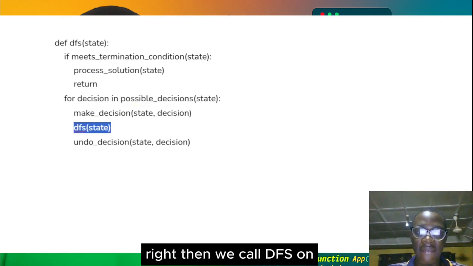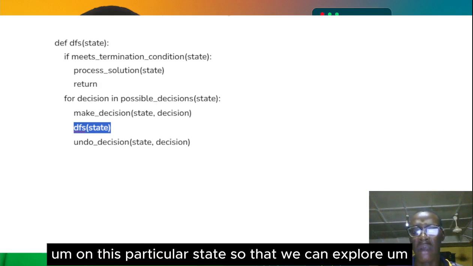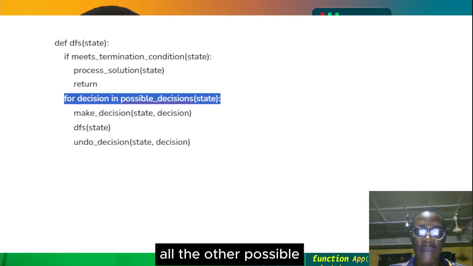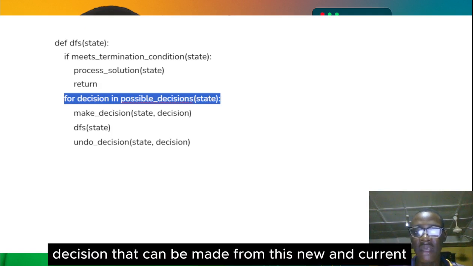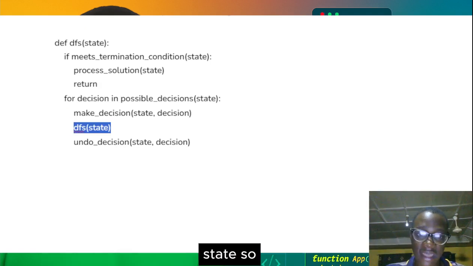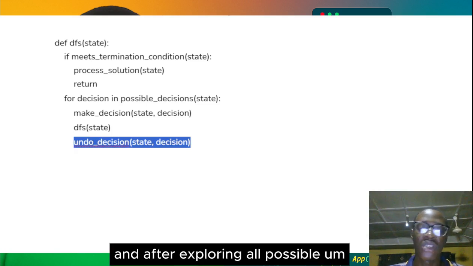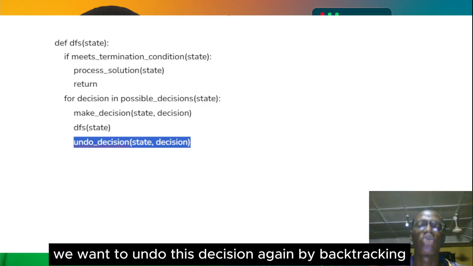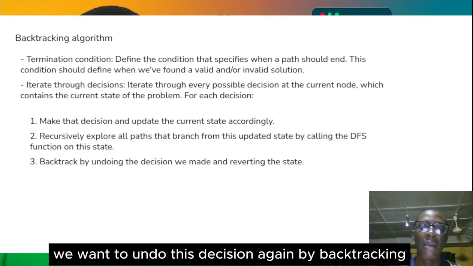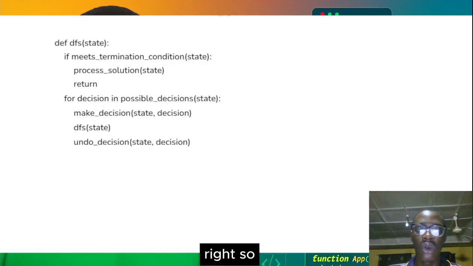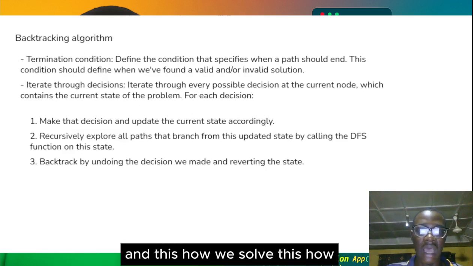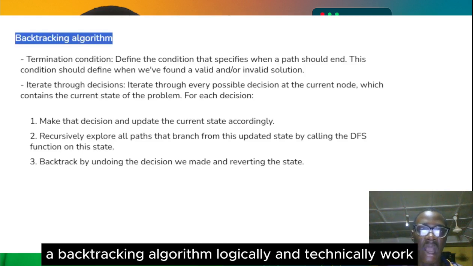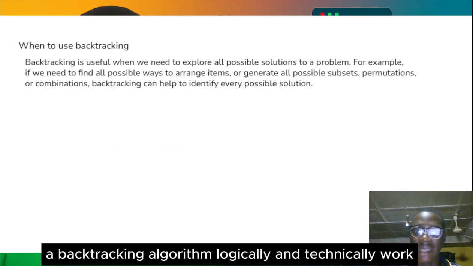Then we call DFS on this particular state, so that we can explore all the other possible decisions that can be made from this new and current state. And after exploring all possible paths from that one, we want to undo this decision again by backtracking, right? And this is how a backtracking algorithm logically and typically works.